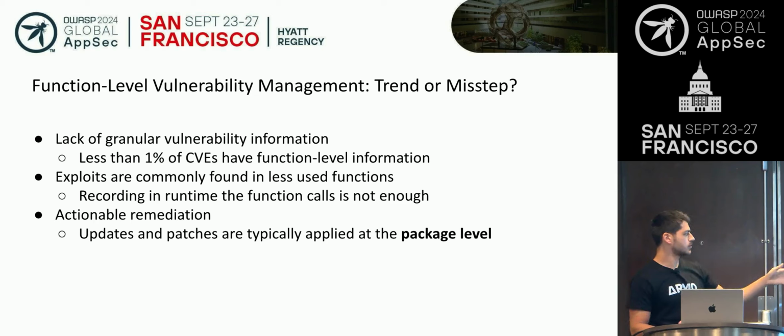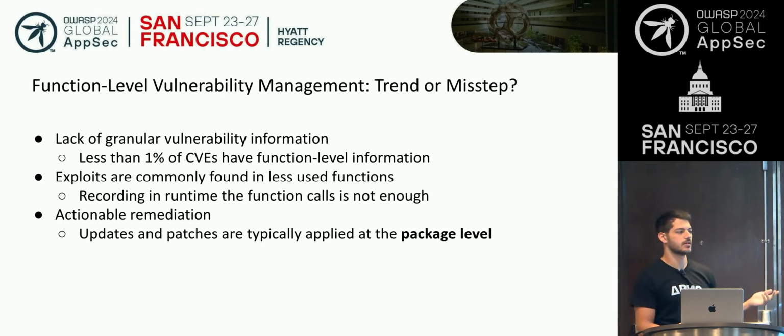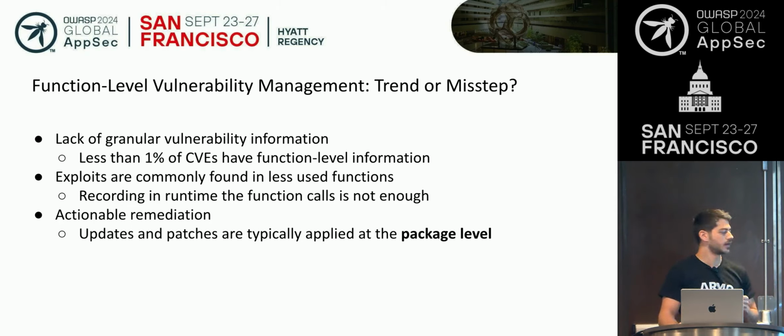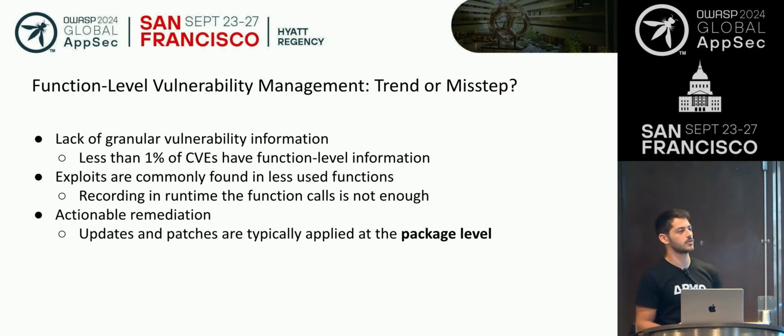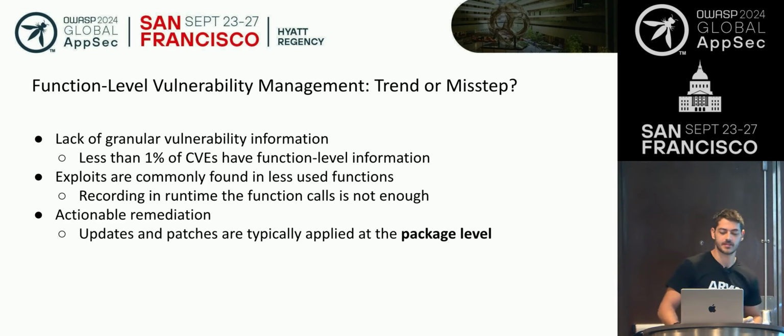And the third bullet, which is more regarding remediation: if you think about it in teams, developers and DevOps, usually the patches are at the package level, right? So they're not on the function level. So you can't really patch functions of third-party libraries.